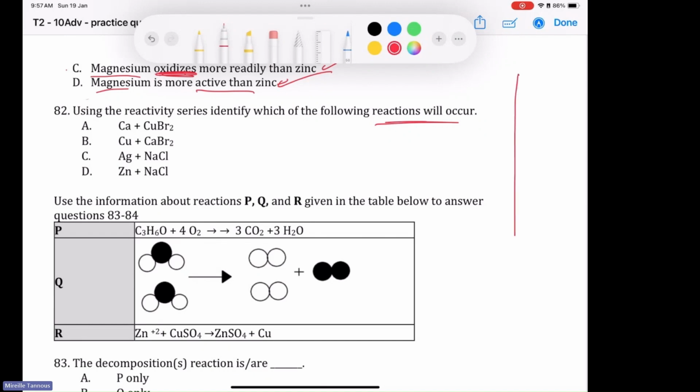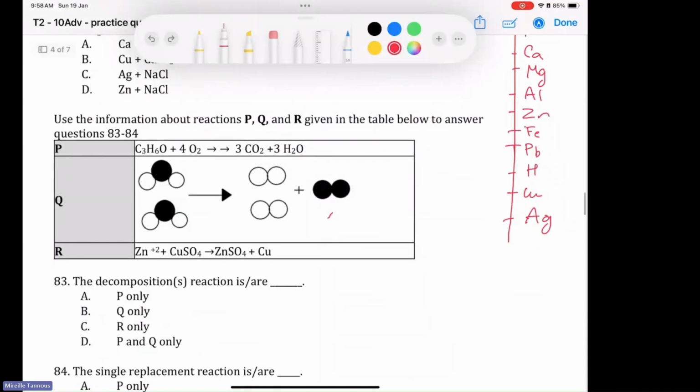So from the last page, I have potassium, sodium, calcium, magnesium, aluminum, zinc, iron, lead, hydrogen, copper, and silver. Okay, so when you are looking at metals, you only check the first table. If in the question the given is a non-metal, there's always another list down below, which is fluorine, chlorine, bromine, and iodine.